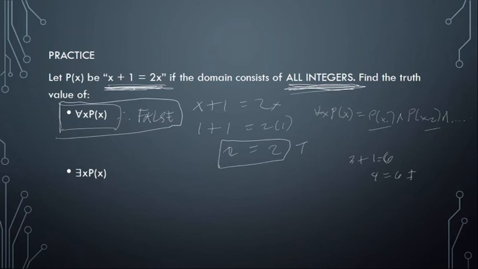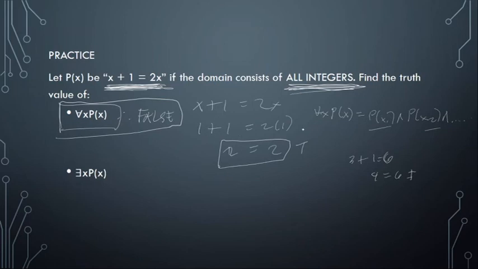So let's prove the same predicate using there exists. So, there exists x such that p of x is true. Let's use these values. x has a value of 1.